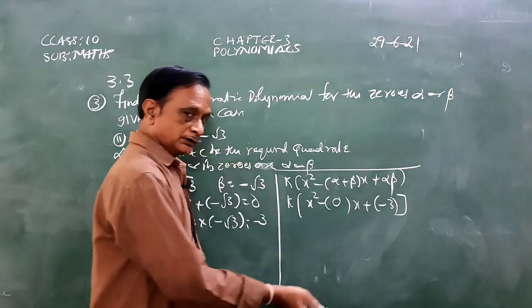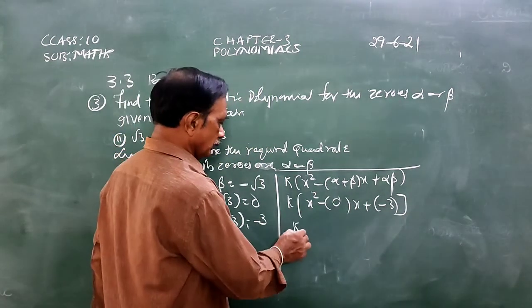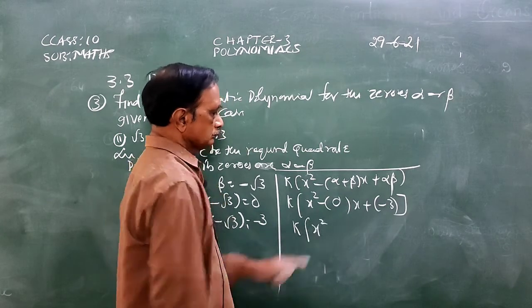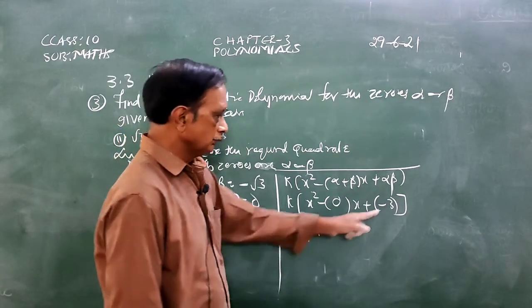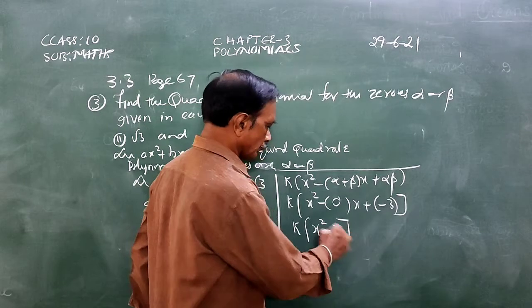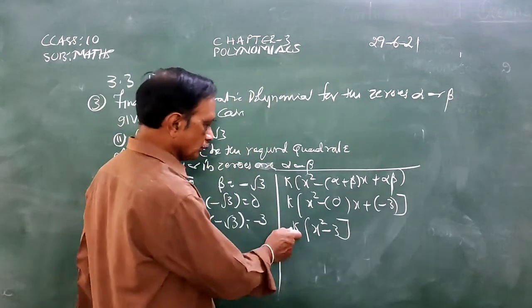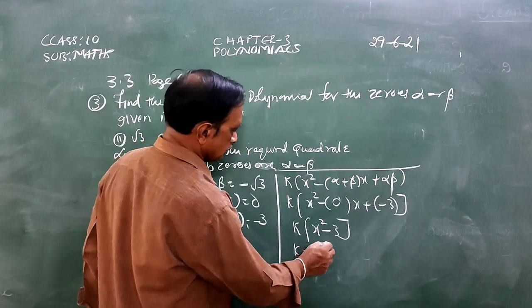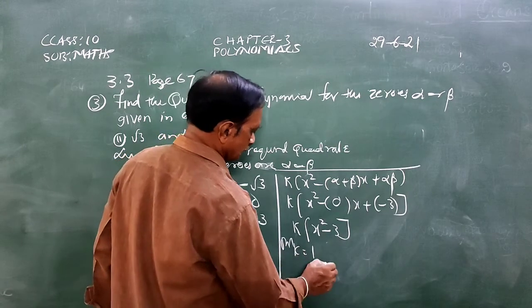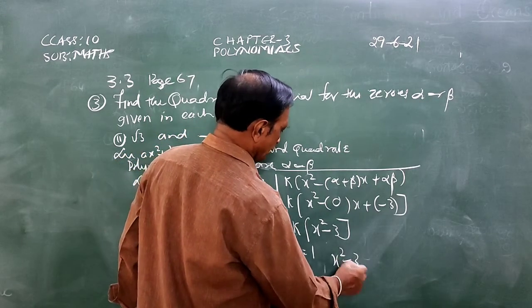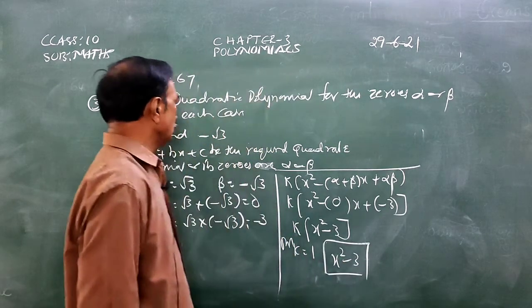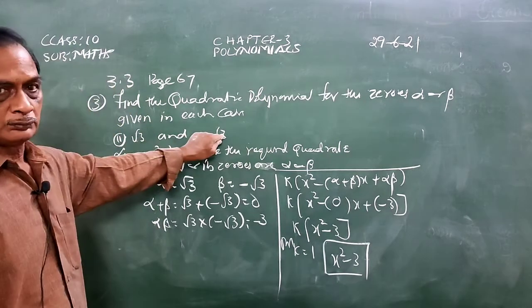What is the resulting polynomial? k into x square, this you get 0, here minus 3. Put k equal to 1. Then you get x square minus 3, the required quadratic polynomial whose zeros are root 3 and minus root 3.